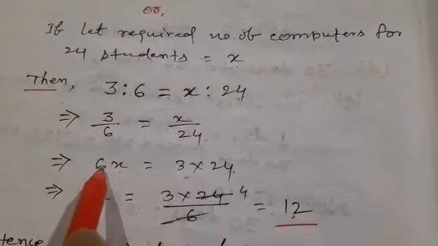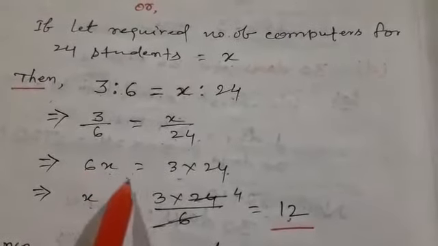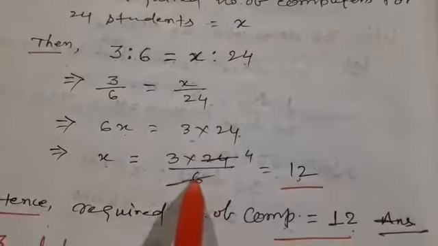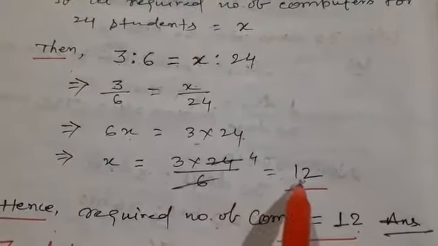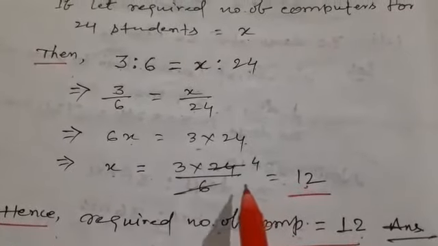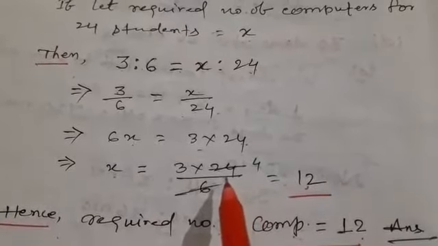So when we put this 6 from LHS to RHS, it becomes the denominator. Now after solving it, we find 12. Hence the required number of computers is 12. So we used both the methods.